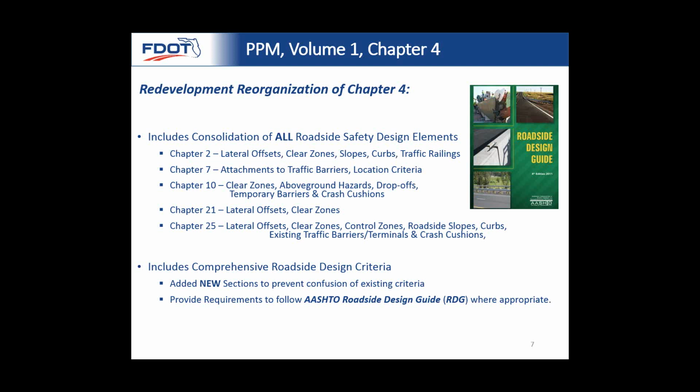This is the national document that houses a lot of the more broad criteria and design guidelines for roadside safety. So we're not rewriting the Roadside Design Guide within PPM Chapter 4, but we are providing those links where people need to understand the value of that document and where the information comes from. Like I said, we added some of these new sections to make it more comprehensive.